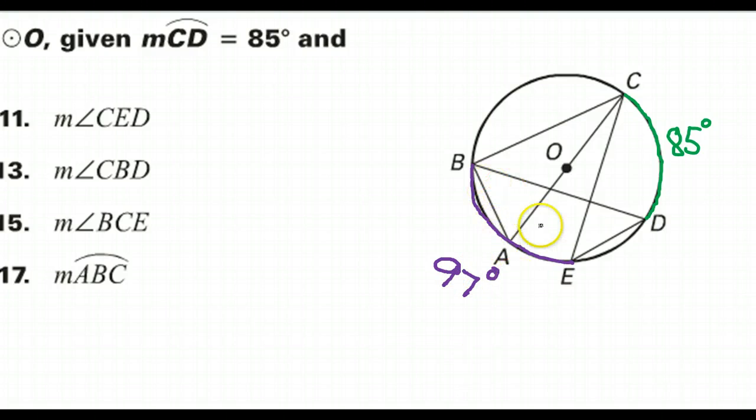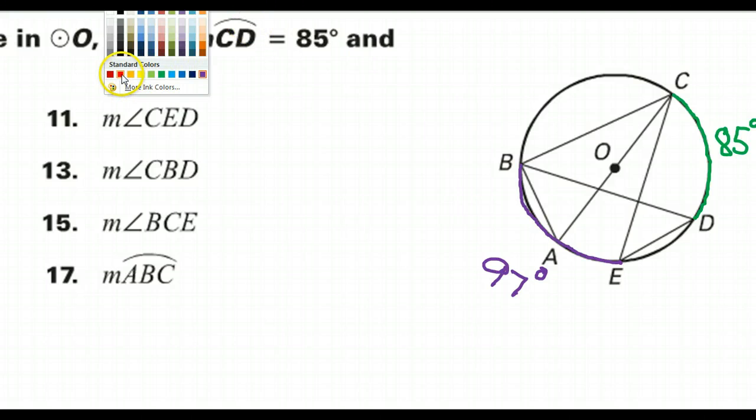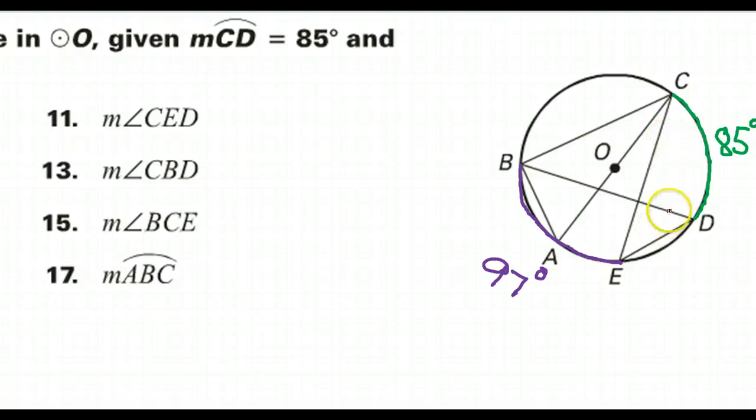I highly recommend using colors like I do. I think it'll help you. So let's see what we can do. Number 11, find the measure of angle CED. I'm going to color that in red. CED is this angle right here, from C to E to D. That's easy.